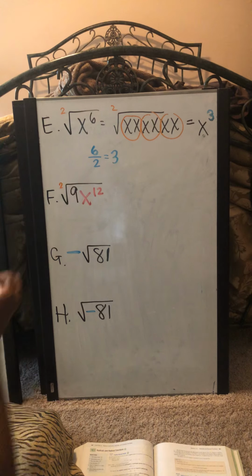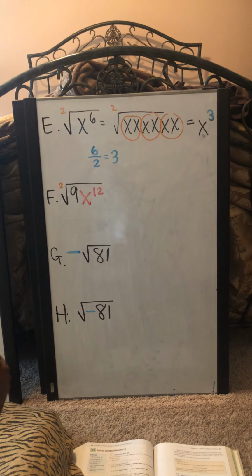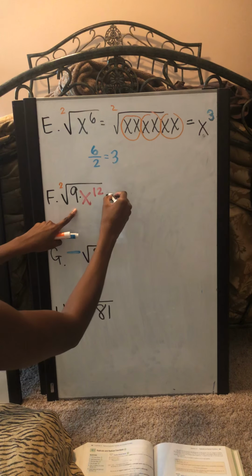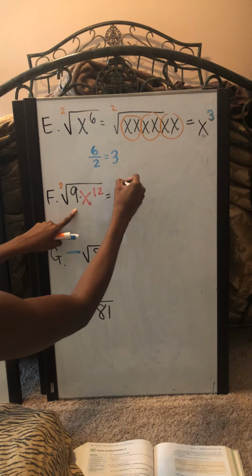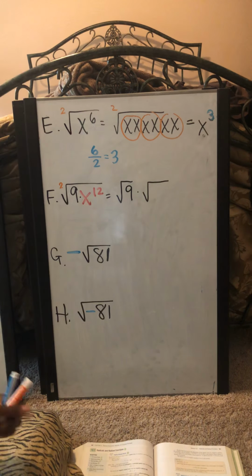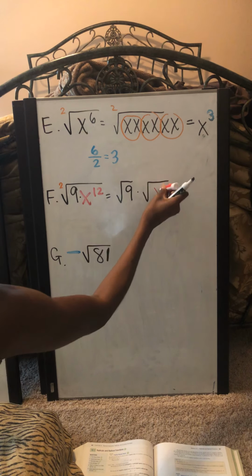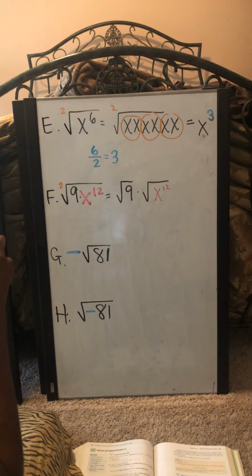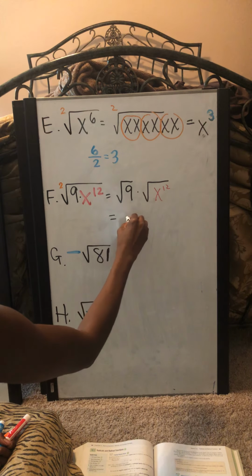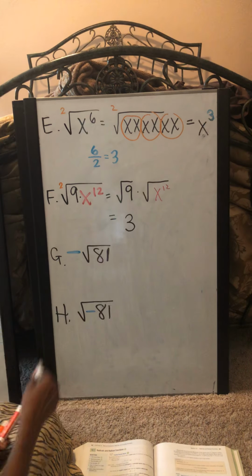Again, we're taking them out in groups of 2. So when you're working with these, I'm just going to simplify this as much as possible now. You can actually split these up just like you did the fractions. So this is the same thing as saying the square root of 9 times the square root of x to the 12, okay? Now, we know that the square root of 9 is 3, because 3 times 3 is 9.